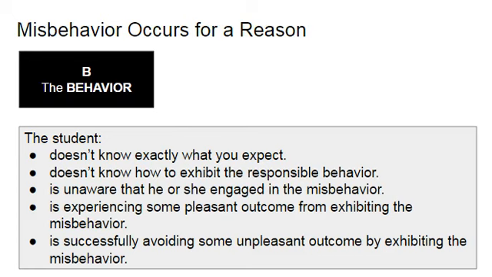If we look at behavior in isolation, once you have a reasonable idea why a misbehavior is occurring, you can take actions to reduce and eventually eliminate it. The slide lists several examples of reasons why misbehavior may be occurring.